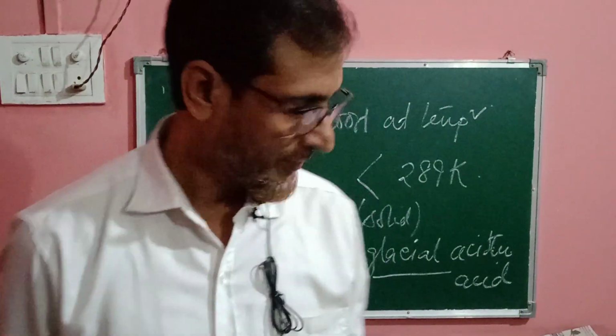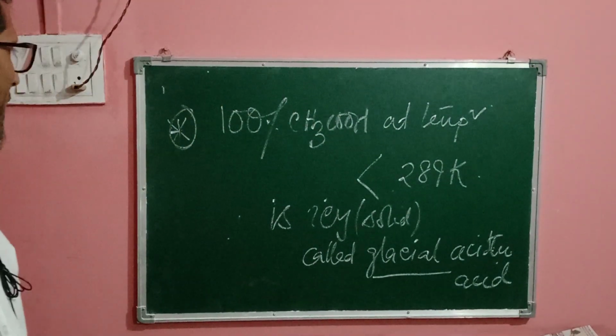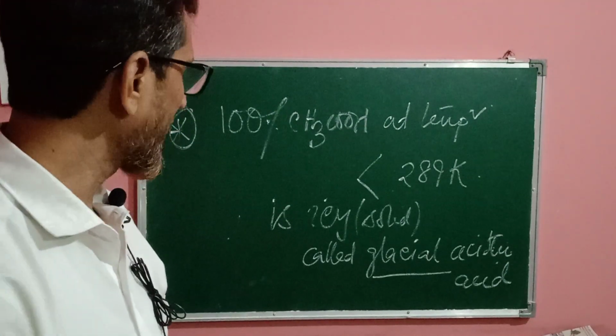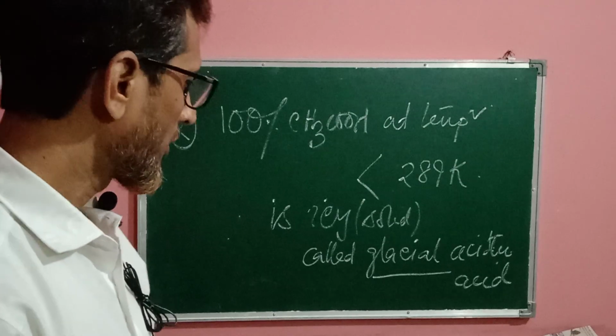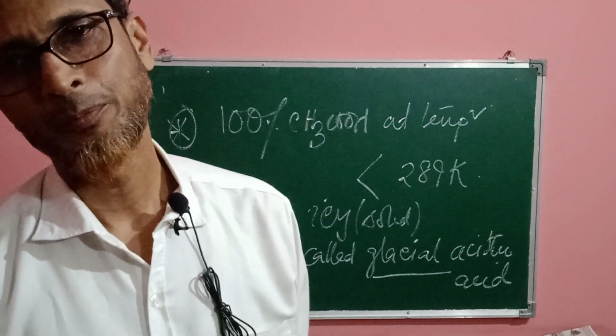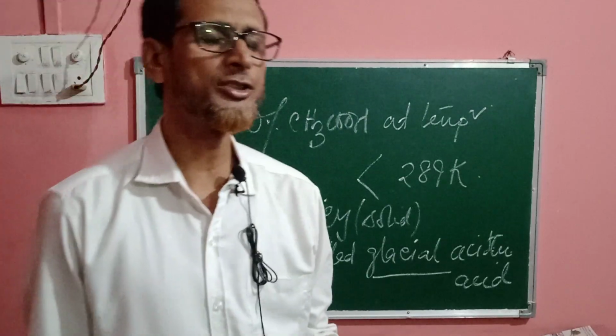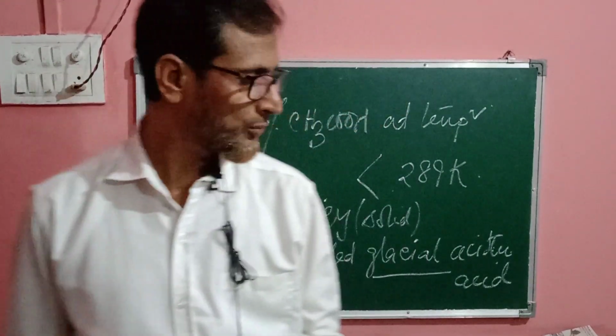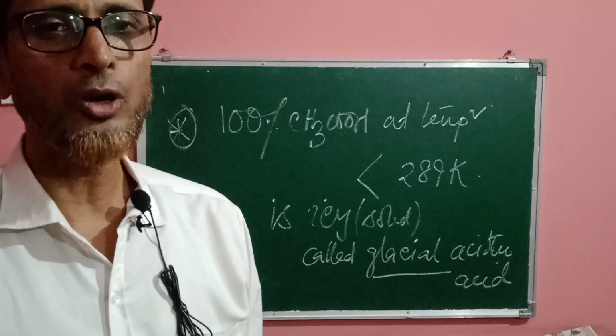This is the last part of today's class. Today I have concluded this one. This is the first class. In the next second class, I will shortly give you the idea on chemical behavior, which is very detailed and very important. And if you follow this one, you can very easily solve it yourself.